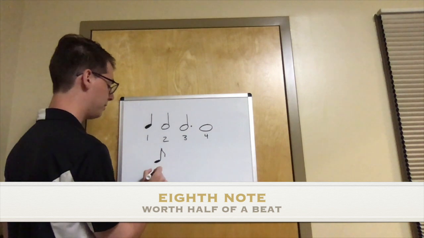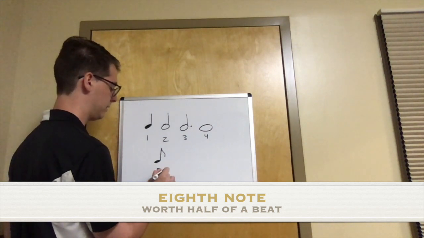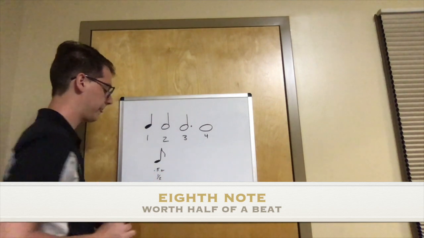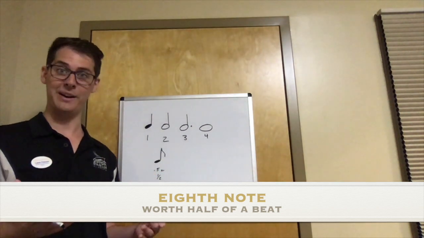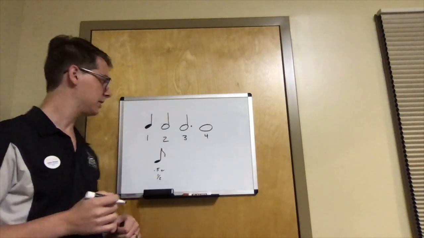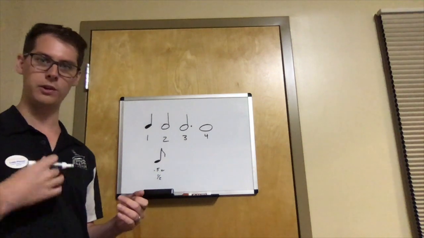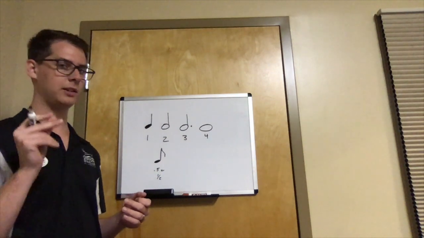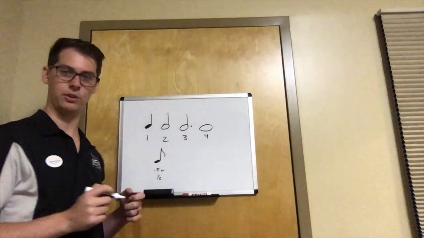Now an eighth note is worth 0.5 or half of a beat. So every time that I strummed on the quarter notes, I could fit 2 eighth notes inside of a quarter note.